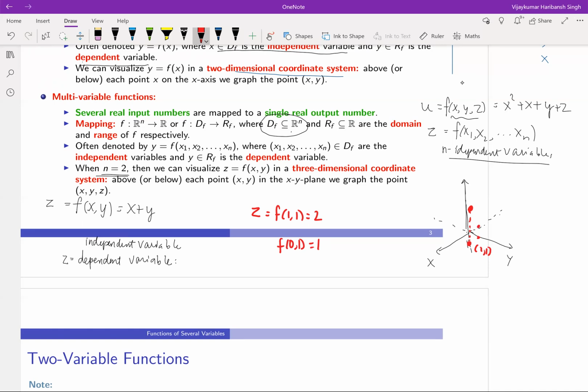Similarly, these are the output values. Even at x equals 1, y equals 0, the function is going to be 1. And then basically for every point here, you sketch something on top. This is how you can draw a function of two variables. We'll give a better way of drawing it in a moment when we talk about level curves.